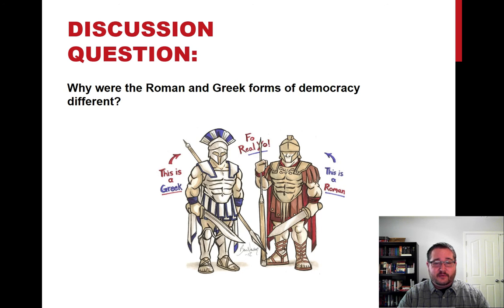I just thought this was a funny thing, you know. The Greeks and the Romans, very similar, but while the Romans took a lot from the Greeks, they really made a lot of these institutions their own.